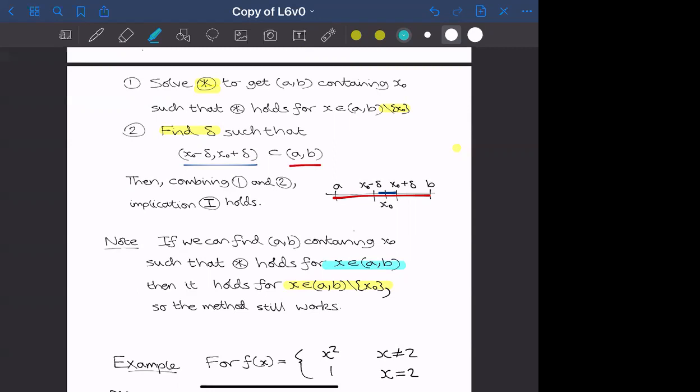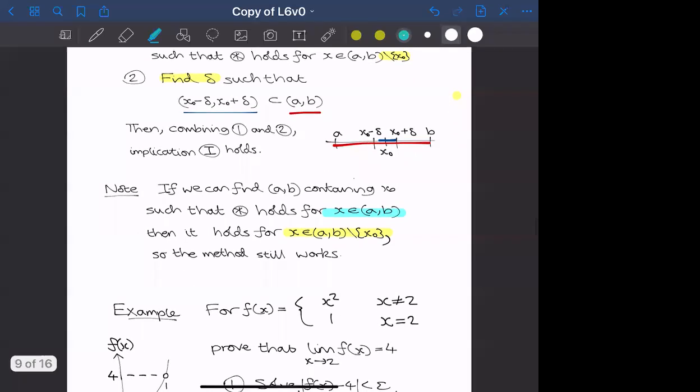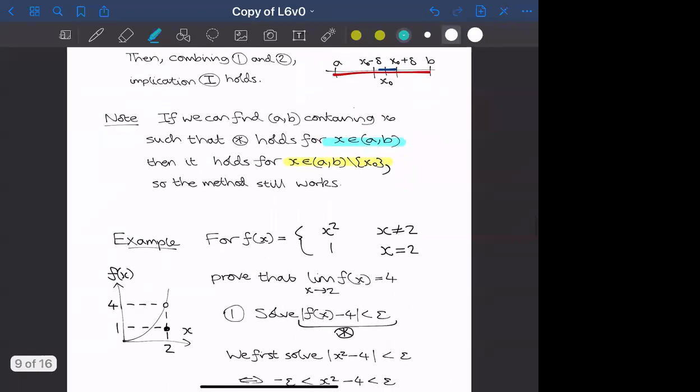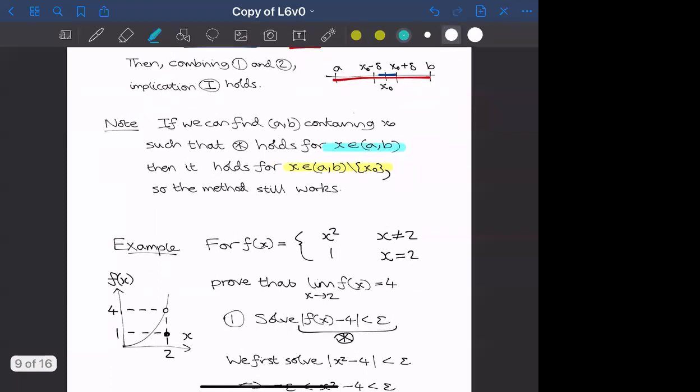If I let a function be defined x squared for all x not equal to 2, and something else for x equals 2. So I've drawn the graph here. So for most of the graph, it's x squared, but for x equals 2, we have a different value than for the function x squared.